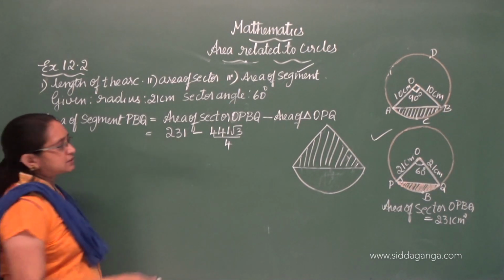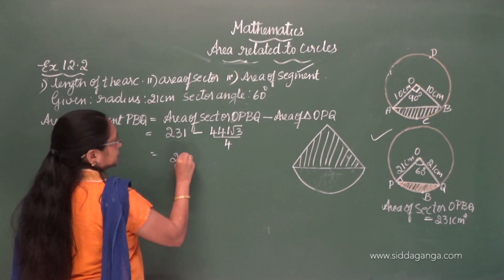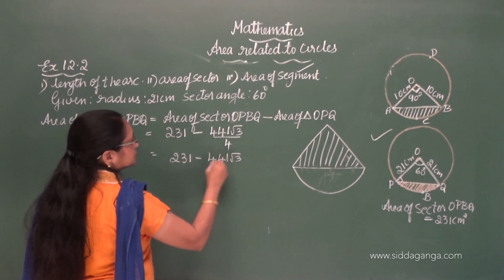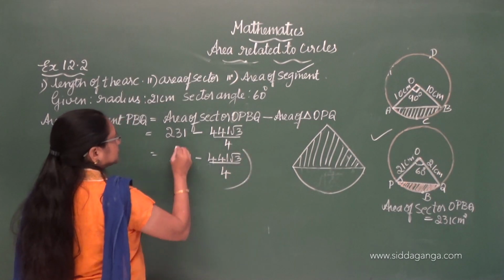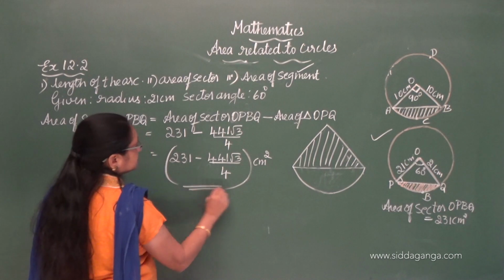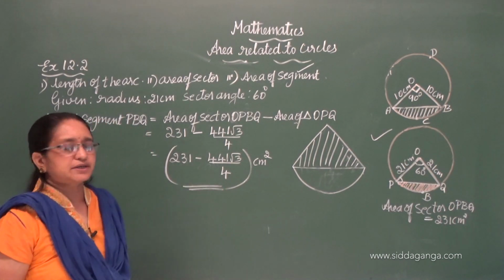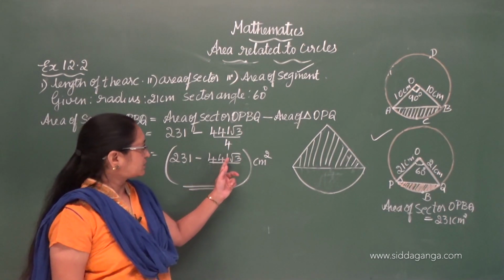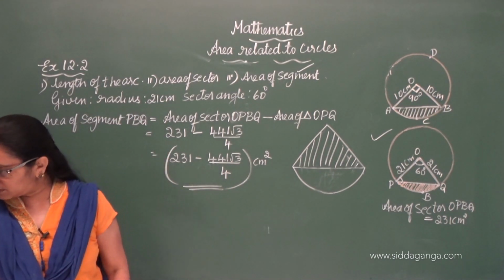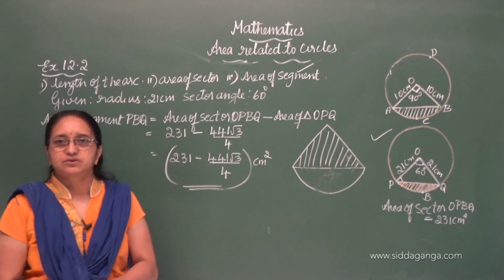You can write as it is: 231 minus 441 root 3 by 4 centimeter square, since it is an area. So you can write like this, 231 minus 441 root 3 by 4. Okay. So this is how you have to work it out.